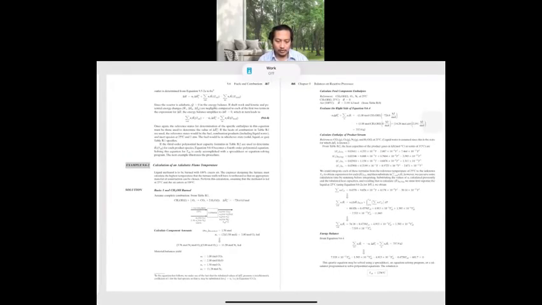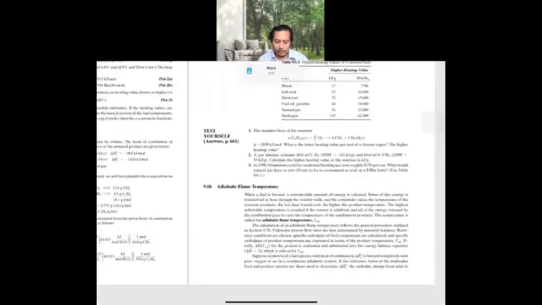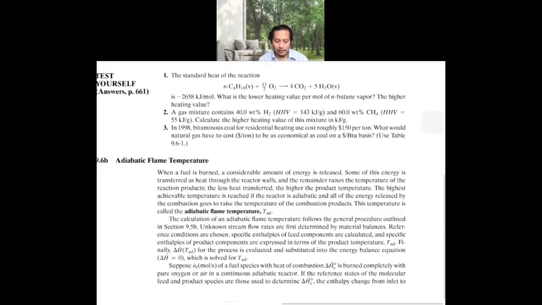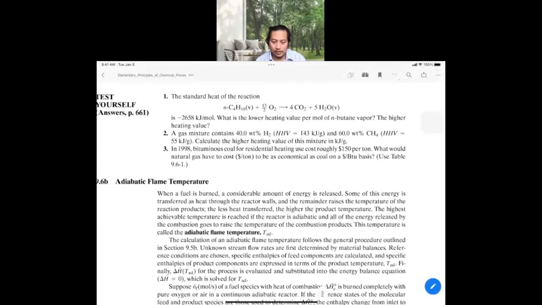First of all, we define the adiabatic flame temperature. In the calculations we did previously, we needed to find the temperature. That temperature we can call the adiabatic flame temperature. It is the highest achievable temperature if the reactor is adiabatic.